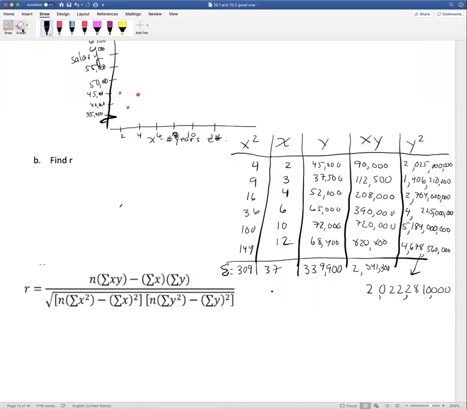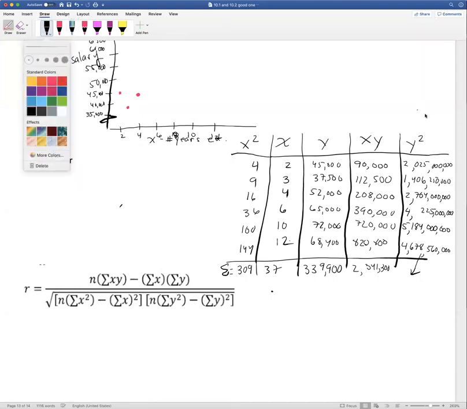Let me do that one more time. Sorry, guys. I want to make sure that we get this number down okay when I'm adding these together. My calculator is not happy with these. Okay, one more time.